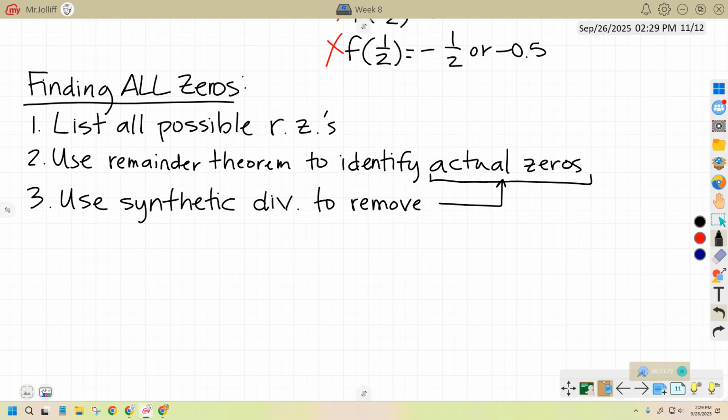If when you did step 2, you found multiple actual zeros, you're going to do synthetic division to remove all of them. So you'll divide out one, and then you'll take that new polynomial, divide out the next. Take that new polynomial, divide out the next, until you've divided out all the rational zeros. What will be left after you've removed all of those rational zeros should be something that is a non-factorable quadratic, or it's a binomial and you get your last zero.